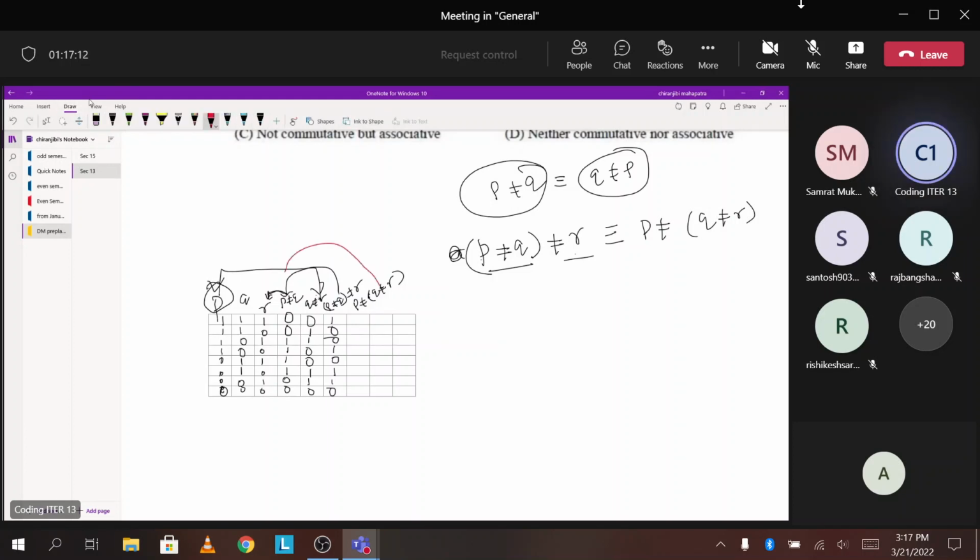पर दिस वन, ठीक है। सो क्या है चेक करो, ठीक है, अलग कलर में लिखता हूँ.